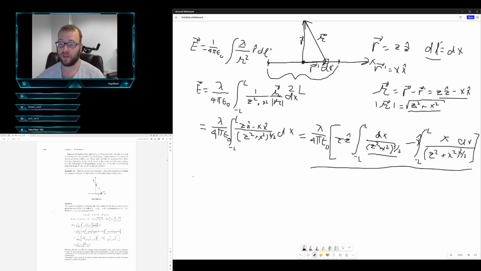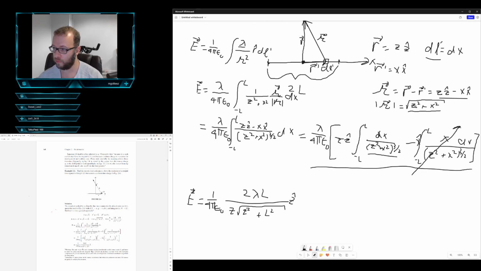But reducing all of this down, we get E is equal to 1 over 4 pi epsilon naught times 2 lambda L over z root z squared plus L squared z hat. So this term goes to 0.